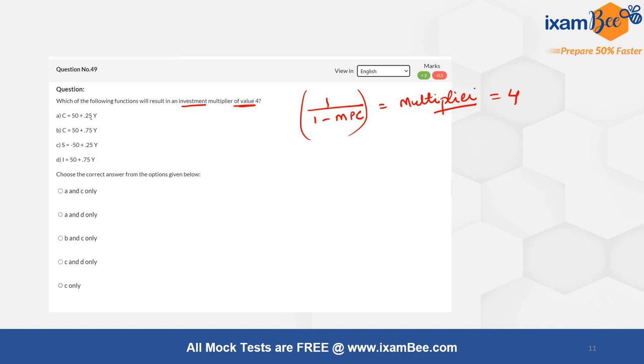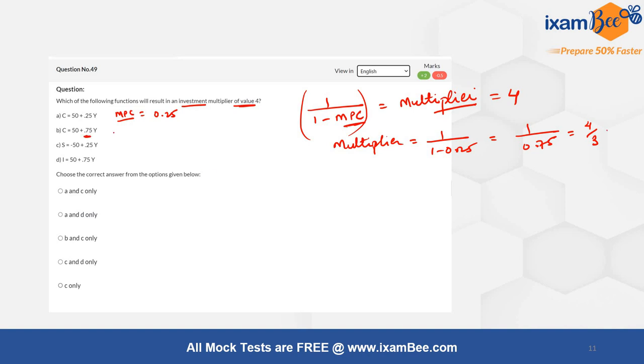So the slope 0.25, this is the marginal propensity to consume. From this consumption function we know that MPC is equal to 0.25, right? So when MPC is 0.25, the multiplier is equal to 1 upon 1 minus 0.25, which is equal to 1 upon 0.75, which is equal to 4 by 3, right?